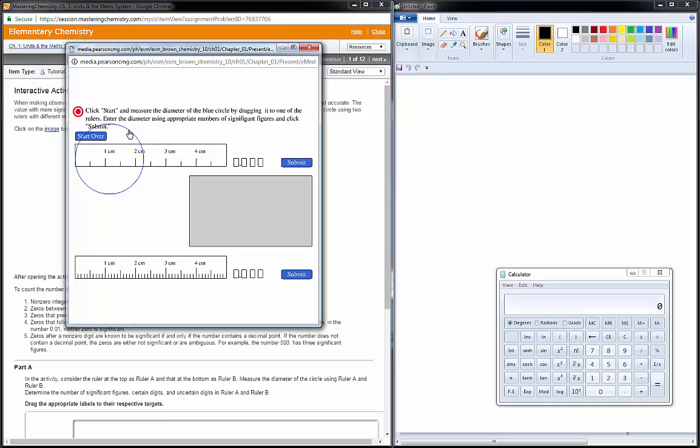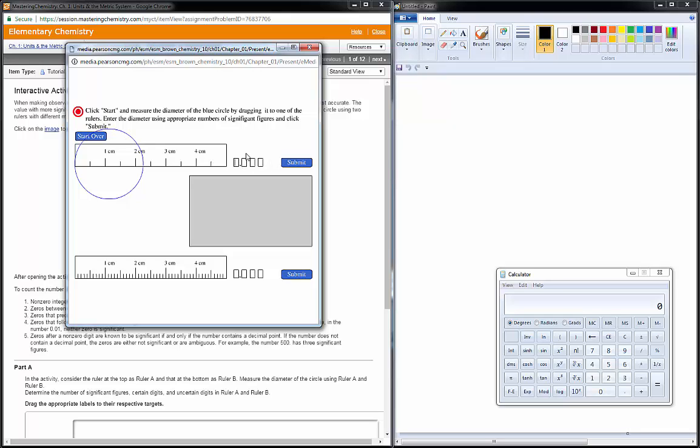If I pick up this circle and hover it over here, then by looking at this ruler, I can tell for sure that it's at least 2 centimeters. It's not quite 2.5 centimeters. It might be 2.3, it might be 2.2, it might be 2.25, but we're not really sure exactly what that second digit is.